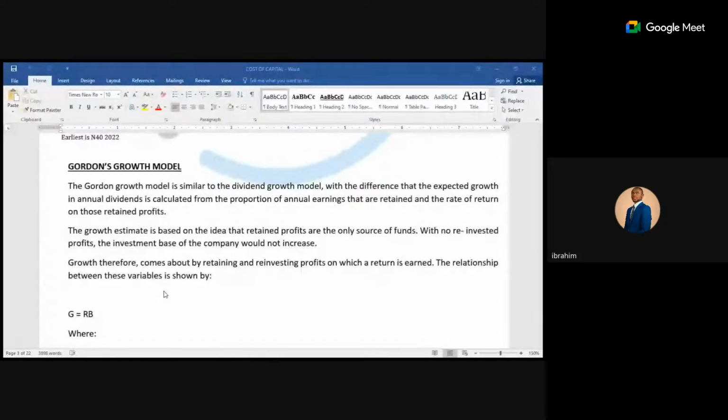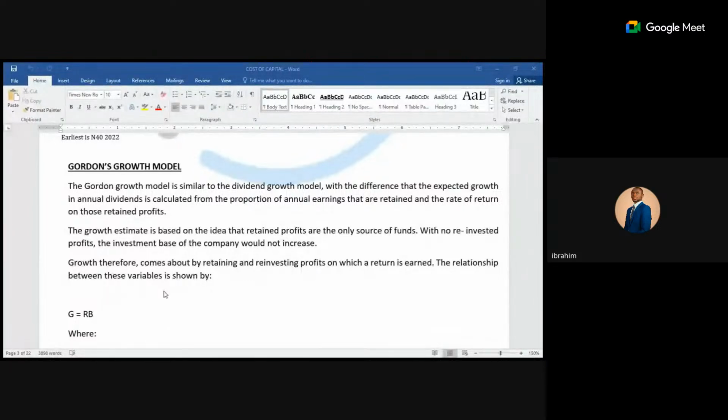Now, from there we move to the dividend valuation method. Under cost of equity, you have the dividend valuation method, the capital asset pricing model, and the Modigliani-Miller. I said, okay, we can ignore the Modigliani-Miller, keep it separate and move to the other part, which is the dividend valuation and the capital asset pricing model.